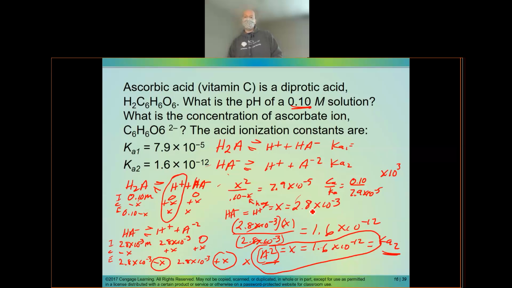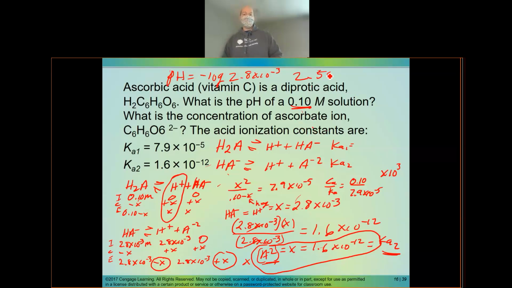And so you want to take the pH. Well, the pH is equal to the negative log of the 2.8 times 10 to the minus 3, which is 2.55, I think. I think that's going to be 2.55.